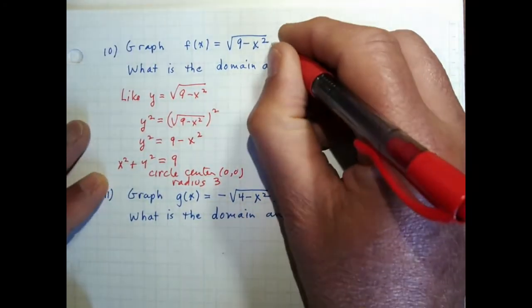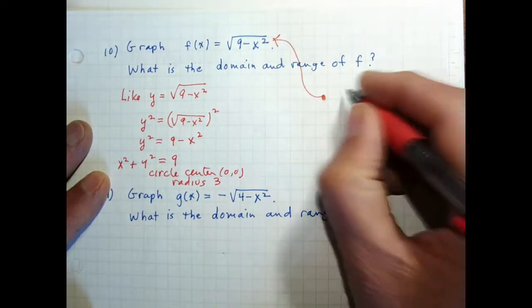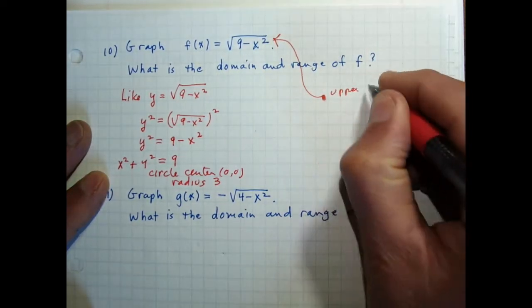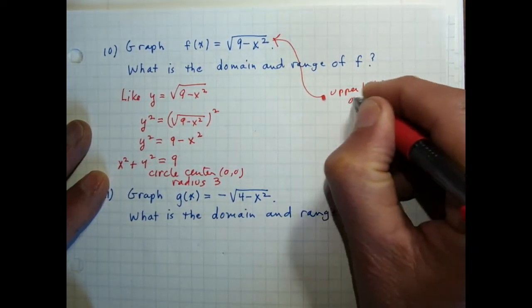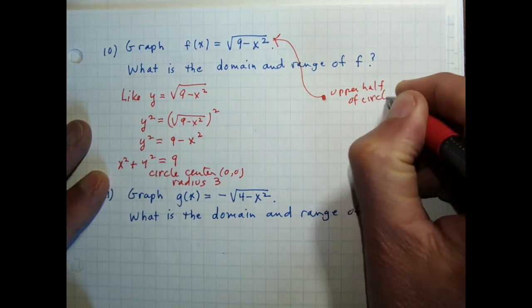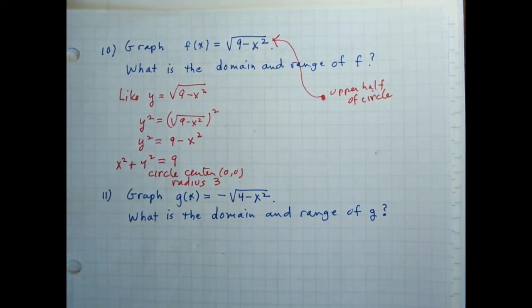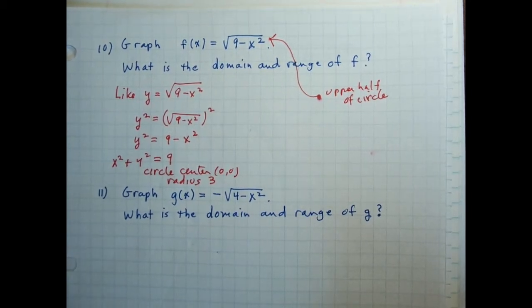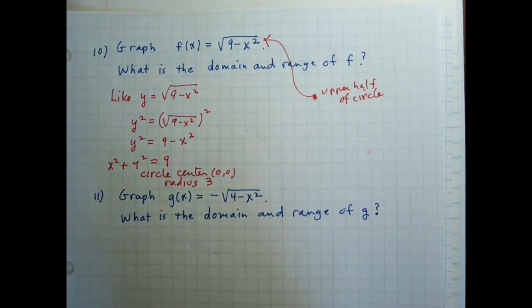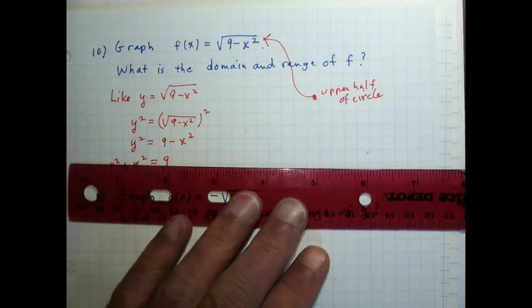The difference with this one is this is just the upper half of the circle, because it's only the positive square root. The y values will always come out to be positive for that square root function. So we can draw a graph.